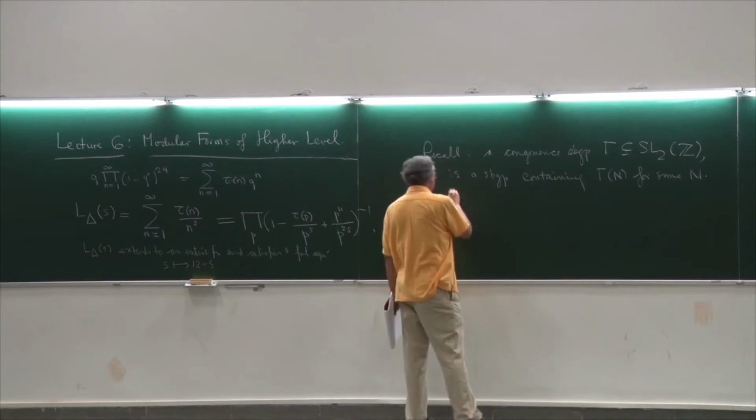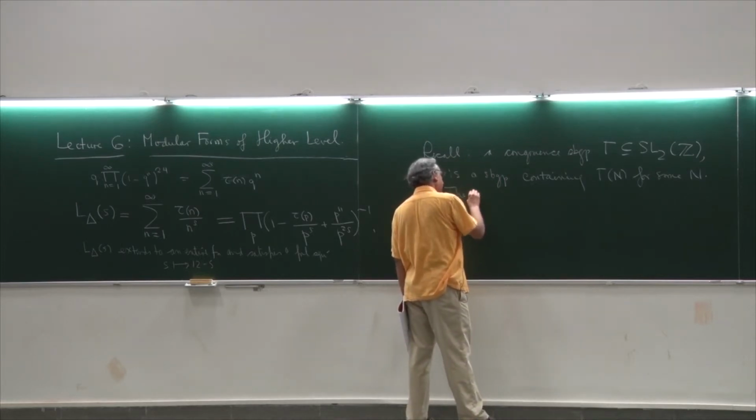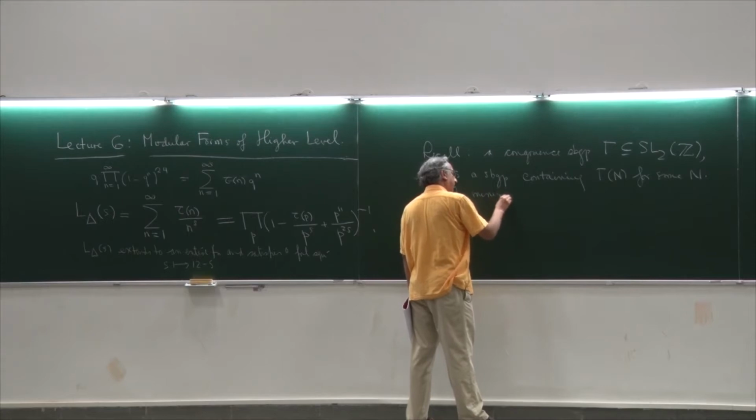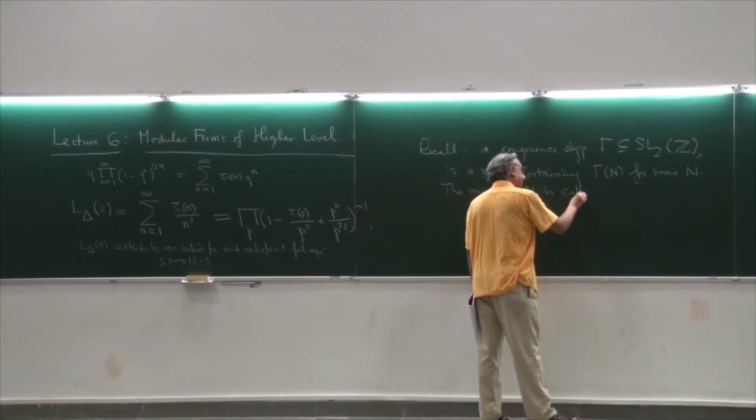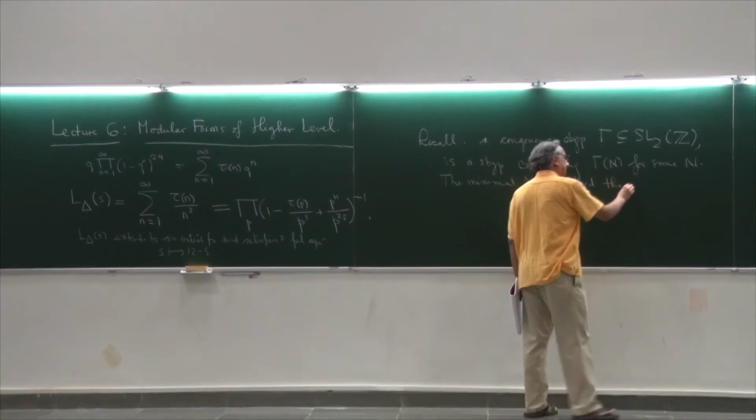And the minimal n for which this is the case is called the level of gamma.